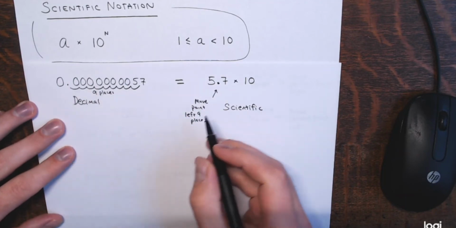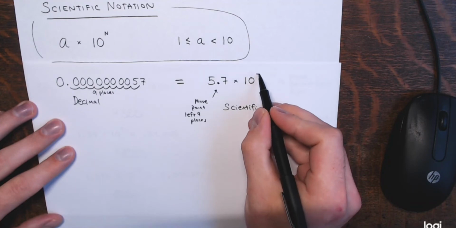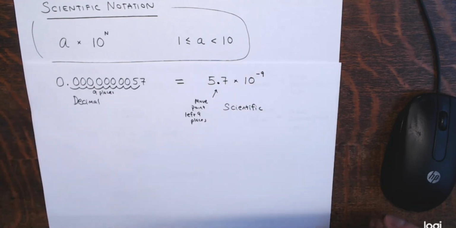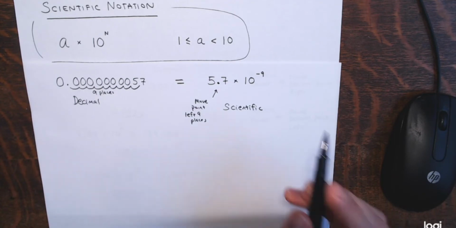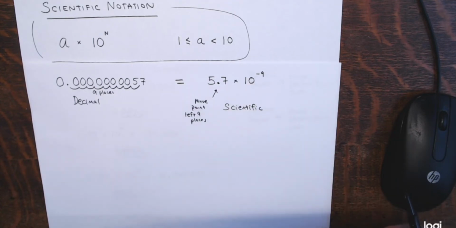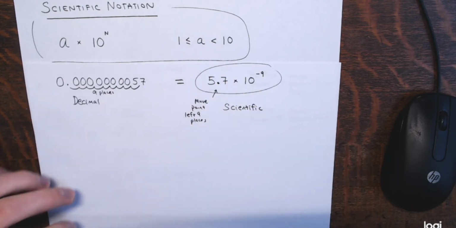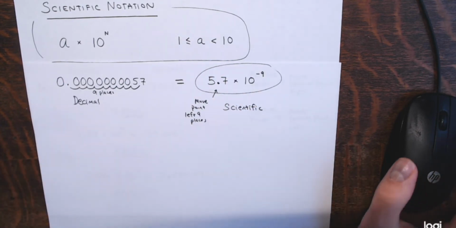And if that's the case, that power of 10 needs to be 10 to the negative 9. Right? A negative power will move you back to the left, and a positive power moves you back to the right. And there you go. This is what they want, that same number in scientific notation.